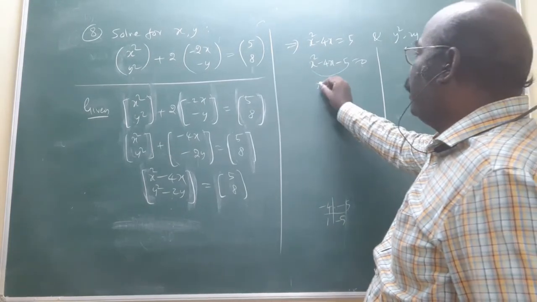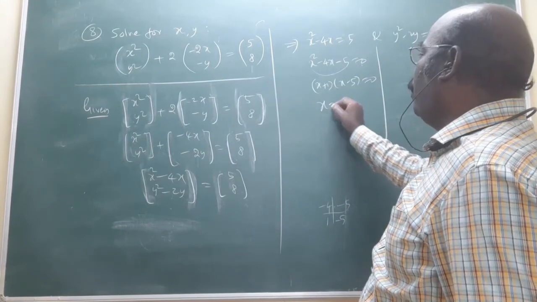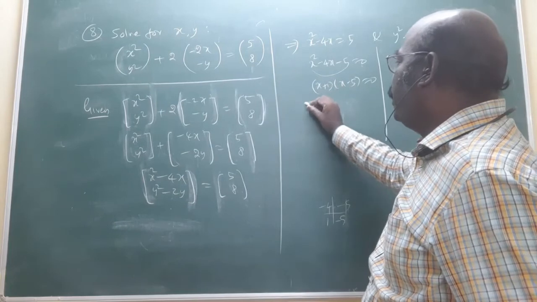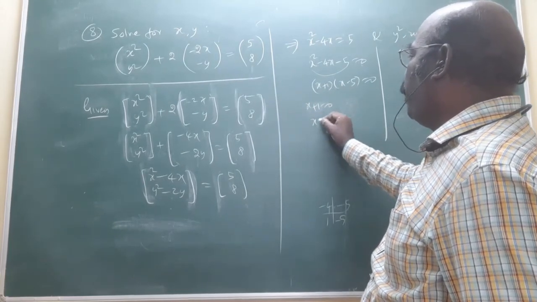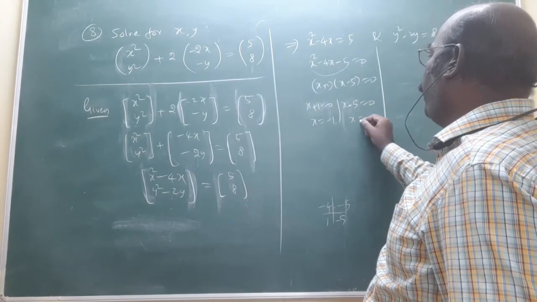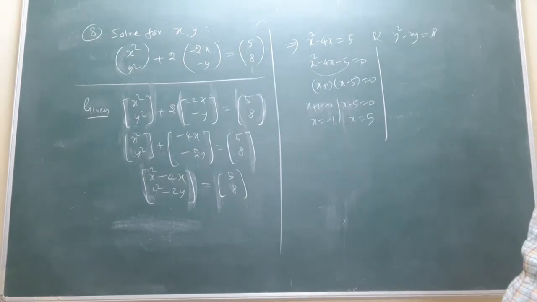So your answer is x plus 1, x minus 5 equal to 0. X plus 1 is 0, x equal to minus 1. Then x minus 5 is 0, x equal to 5. In this way, we get the values.